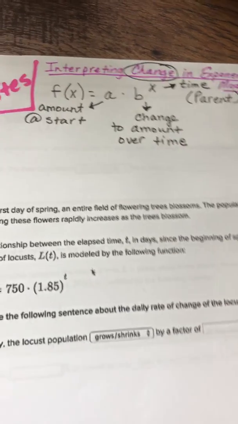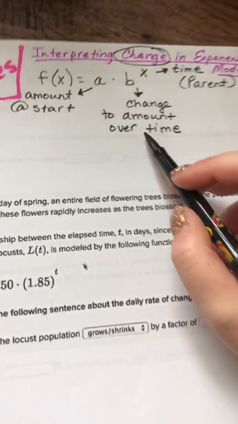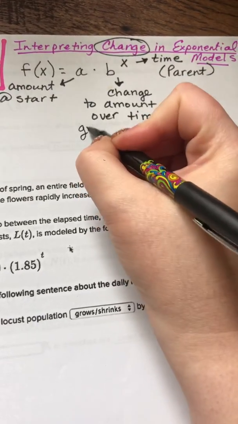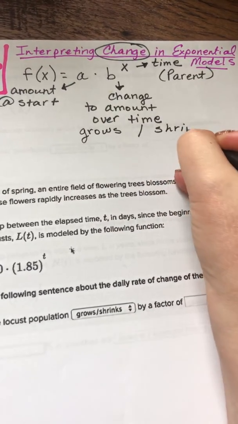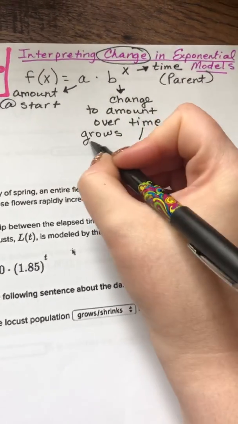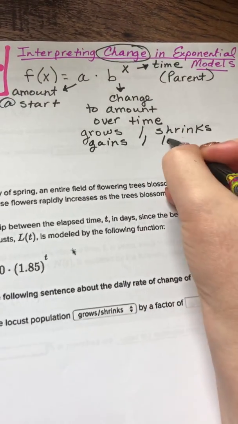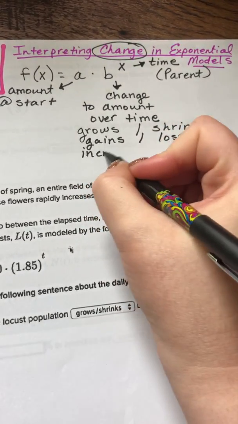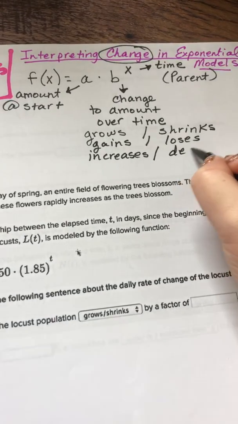Okay, so when I talk about the change to the amount over time, you can either have something that grows or shrinks. Another word for that is gains or loses, or increases or decreases.